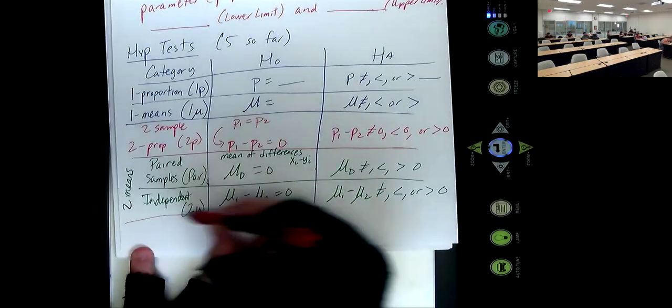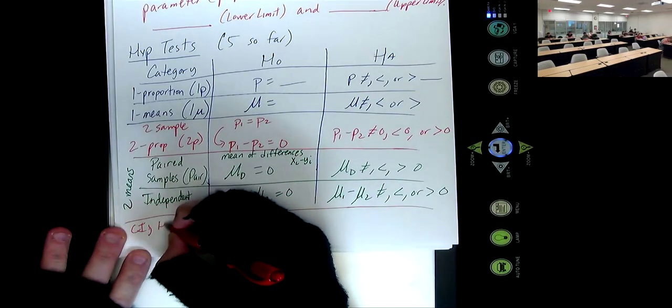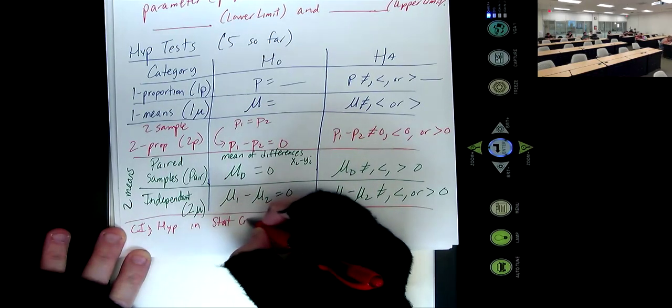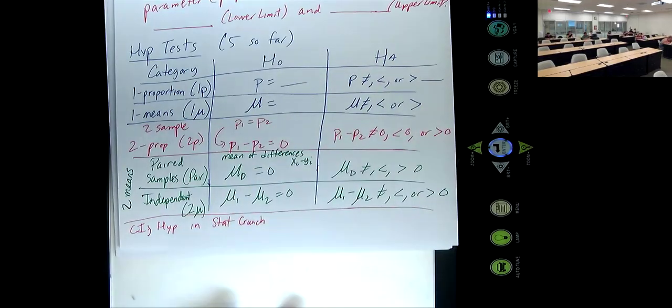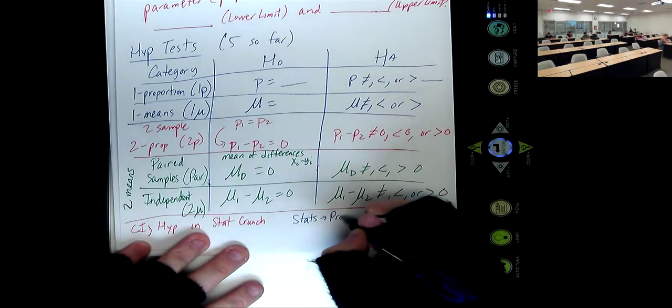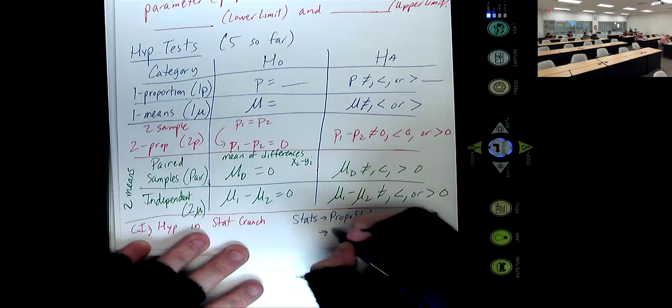And both CI and hypothesis tests in StatCrunch, there's only been 2 spots for them. You've done stats, proportion stats, or stats, T-stats.